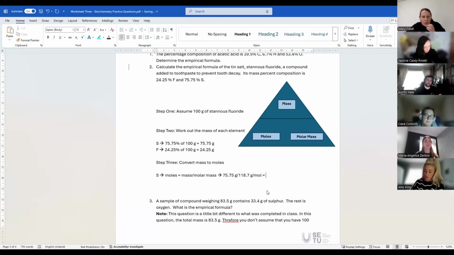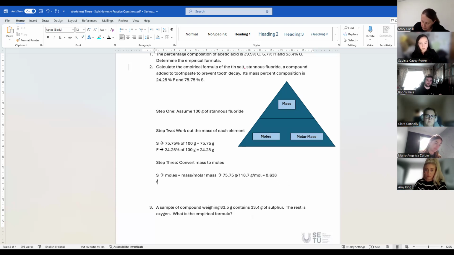So I'm going to work that out: 75.75 divided by 118.7. So we should be getting around 0.638 for that. Okay, so I'm going to do the exact same thing for our fluorine there.